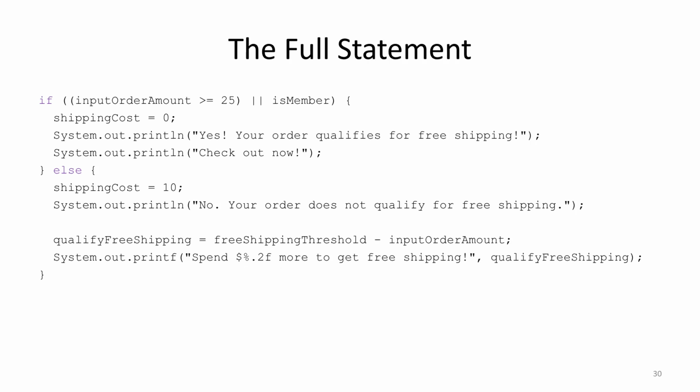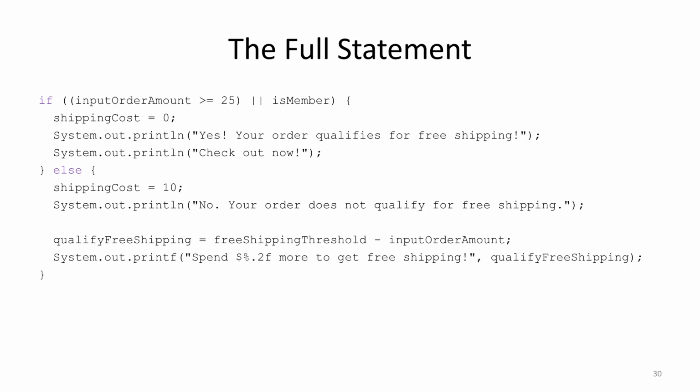Now, if we were to take this condition and implement it in an if statement, then it would look like this. It would basically look like the example from the previous lecture, except now we have that add-on, or is member. And that's basically what a compound condition is. It's just a condition made up of multiple criteria, and they are combined using the Boolean operators.